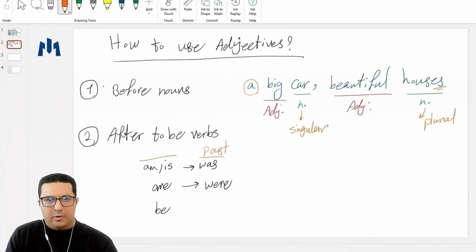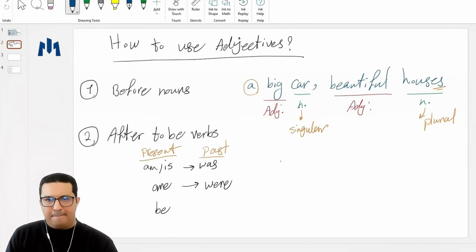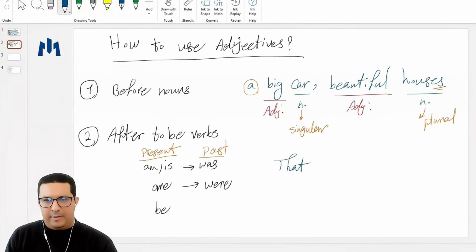They are the past form and present. Let's make an example for you. That watch is expensive. That watch is expensive.